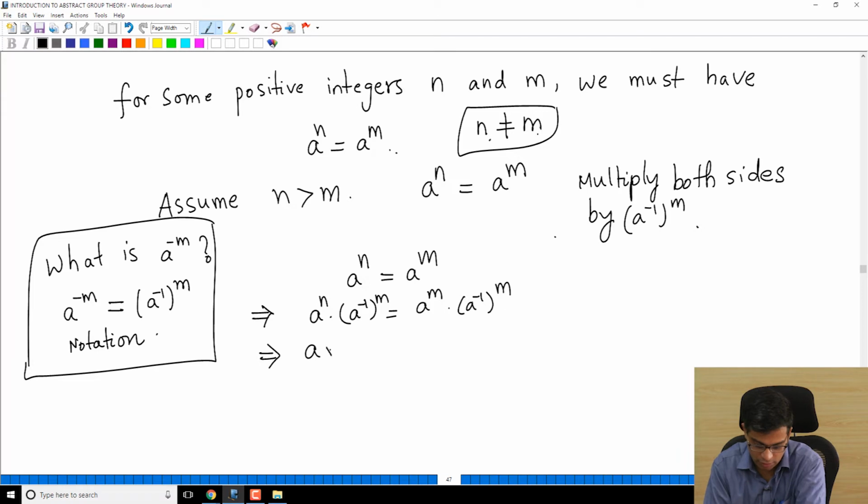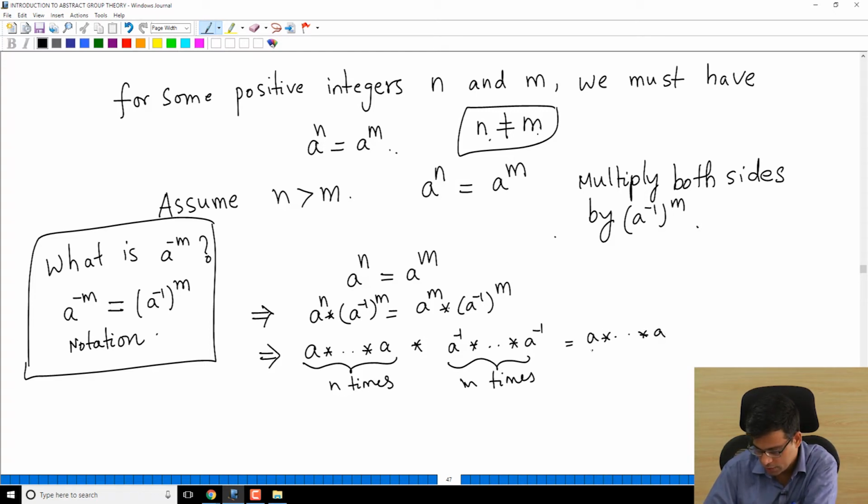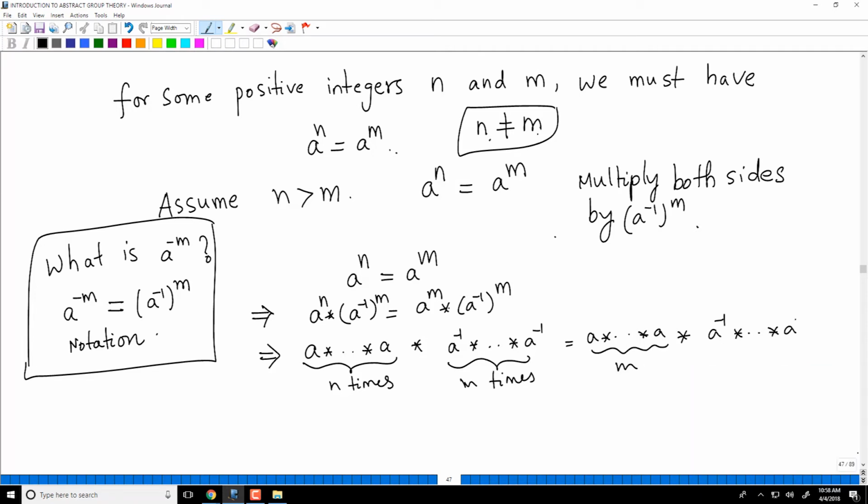Let us recall the definition of a^n. This is a star a, n times, where in general the operation is star. And a^(-m) is a^(-1) star a^(-1), m times. So, that is the left hand side. On the right hand side we have a^m, which is a star a, m times, star a inverse, also m times. So, this is just expanding these terms.